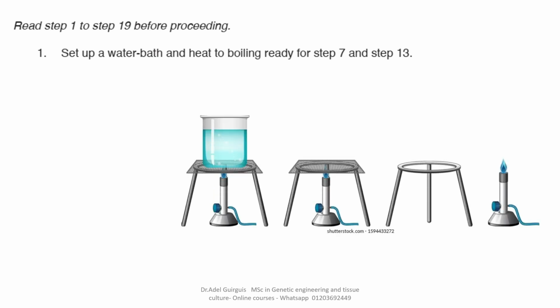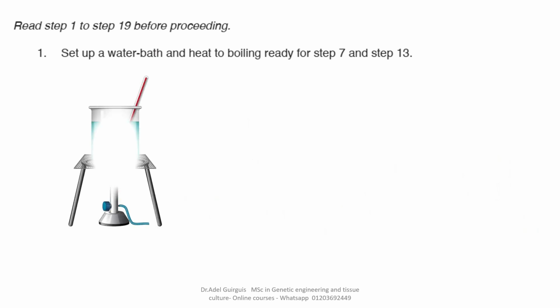We use a Bunsen burner, tripod, and gauze mesh, a beaker containing enough tap water, and a thermometer. While preparing your water bath, fill the large beaker you are provided with enough water, and make sure that the test tube placed inside is not floating.